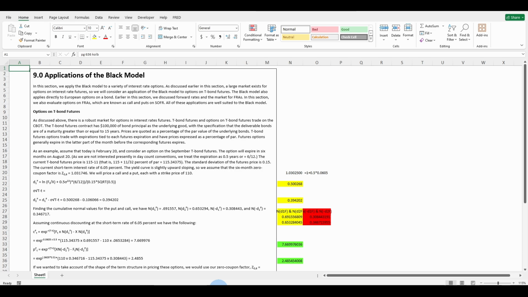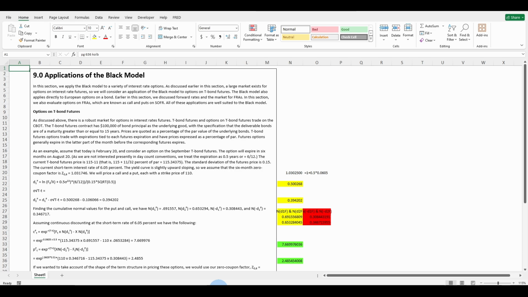Options on T-bond futures. As discussed above, there's a robust market for options on interest rate futures. T-bond futures and options on T-bond futures trade on the CBOT. The T-bond futures contract has $100,000 of bond principal as the underlying good, with the specification that the deliverable bonds are of maturity greater than or equal to 15 years.